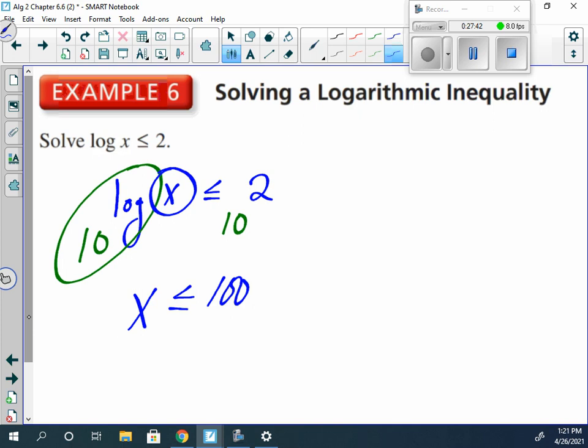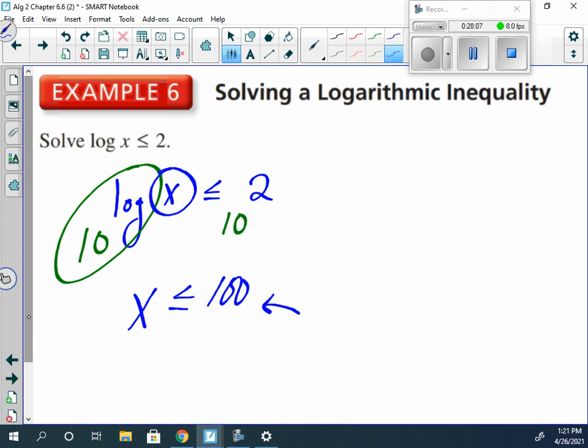Can I have a negative value for x that would make this statement true? Would negative 1 be less than or equal to 100? Yes? No? What do y'all think? Negative 1 is less than 100, yes?